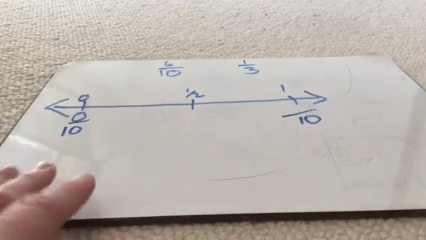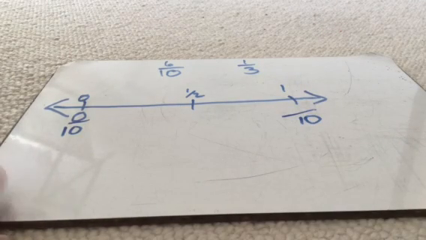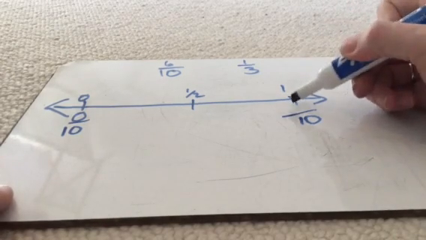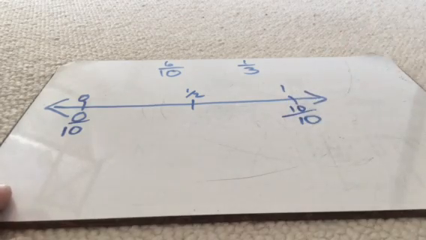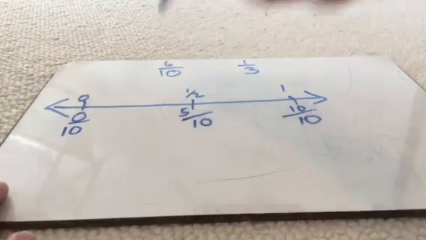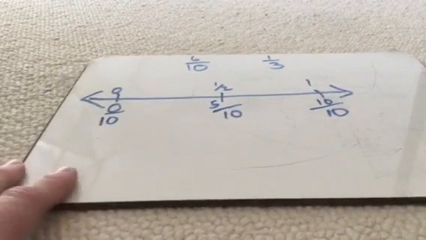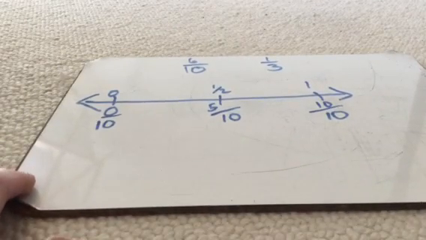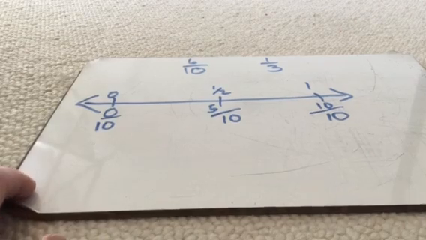If I have a cookie that's broken into 10 pieces and I eat the whole thing, how many pieces did I eat? I ate 10 pieces. Okay, now I need to figure out what's 1/2 of 10. 5.